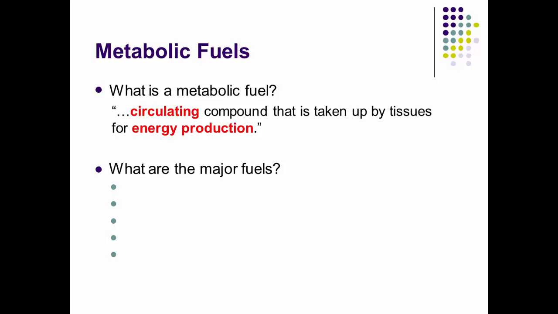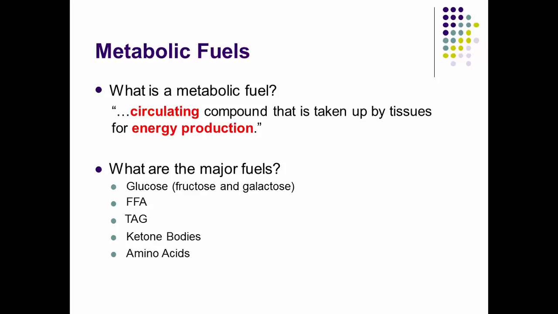Oh, you said fatty acids? Let me see. Sorry. Yeah, glucose, fatty acids, triglycerides. You're right, I'm sorry. And ketone bodies and amino acids, right? You guys are right. Great.